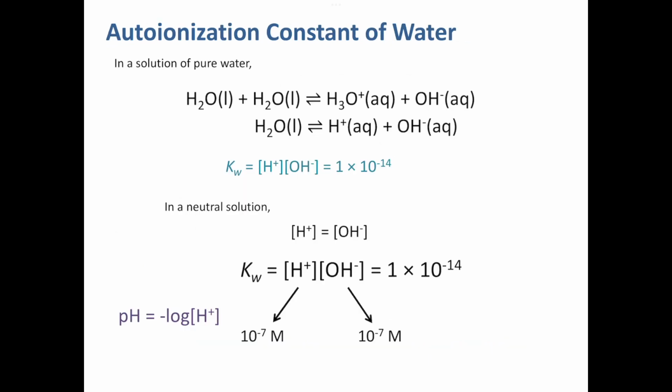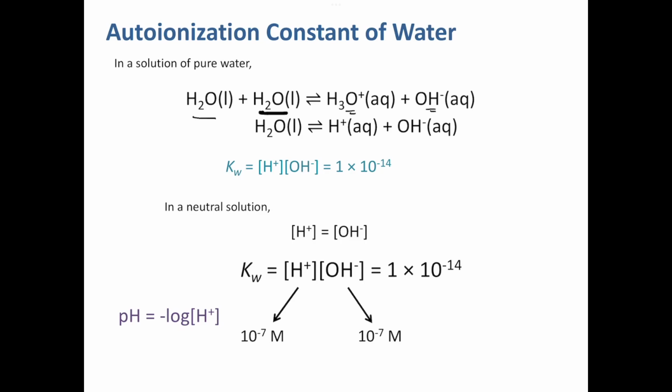Okay, let's talk about what these pH units mean in terms of the acidity or basicity of a solution. In a solution of pure water, water can undergo this autoionization process to a very small extent. And what this means is that water can act as both an acid and a base, with one of these water molecules donating a proton to another water molecule, giving you the hydronium ion and the hydroxide ion.